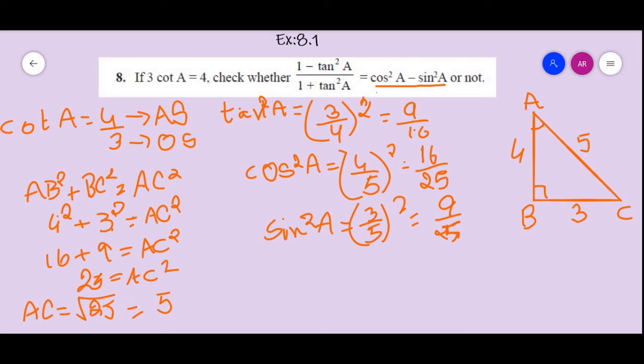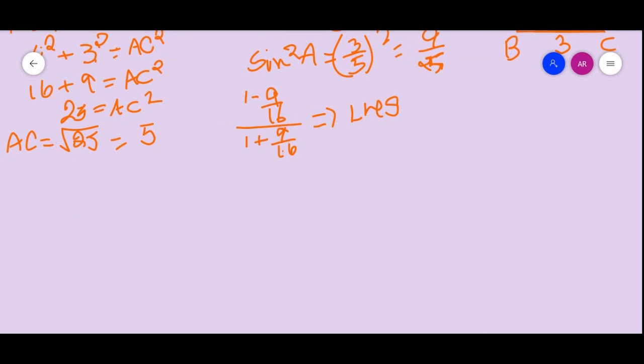Now first of all, they said that we have to check for 1 minus tan square A. So 1 minus, we have got the value of tan square A as 9 by 16, so 1 minus 9 by 16 divided by 1 plus 9 by 16. This is going to be our LHS. Let's simplify our LHS first by taking the LCM.